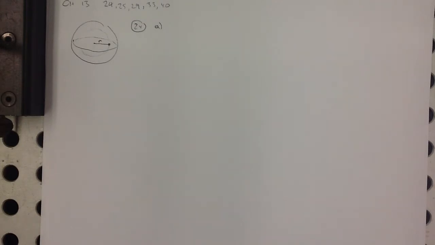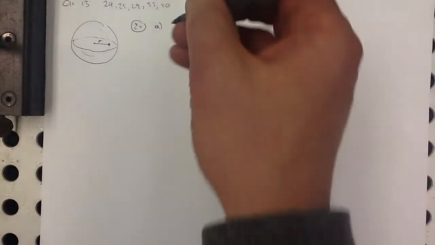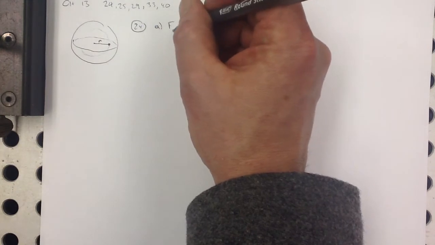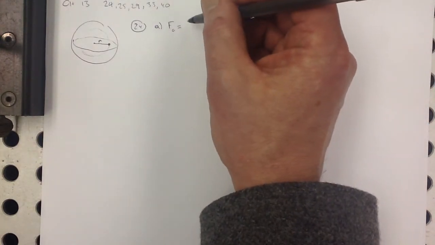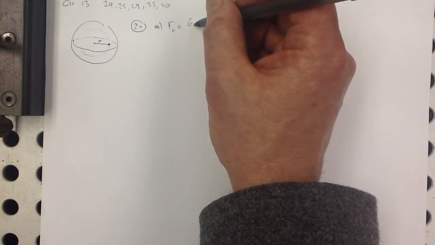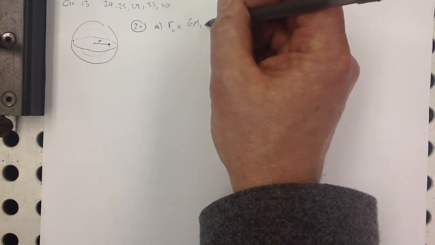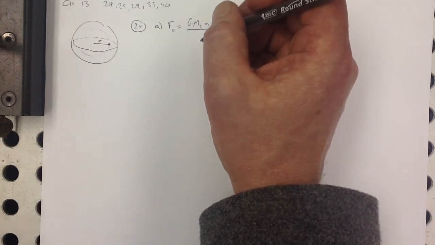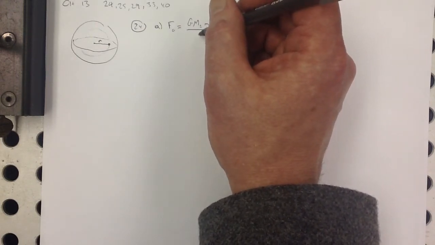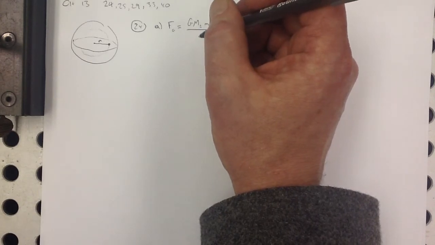So it's going to feel the gravitational attraction from both of them. The gravitational force on it will be the force from both of them added together. So that's G m2 m over r, and the distance is a, right?